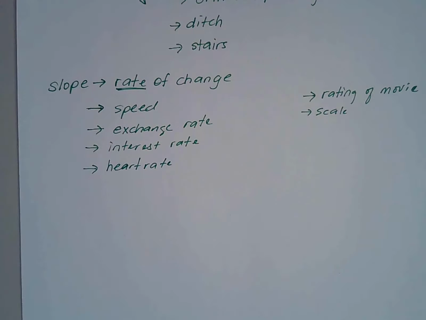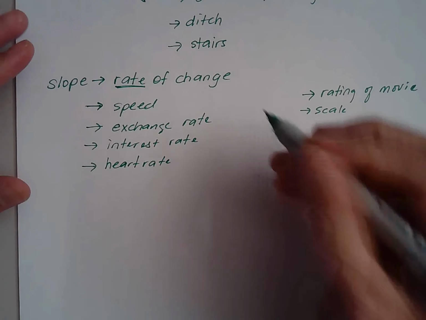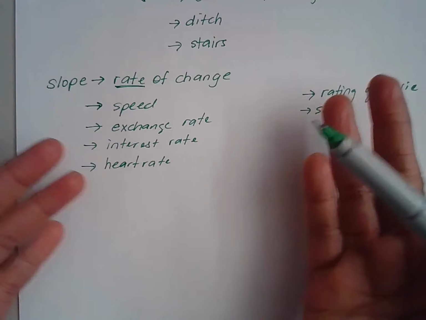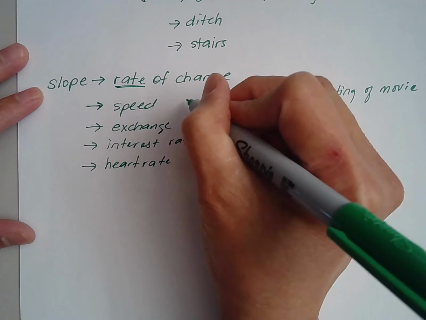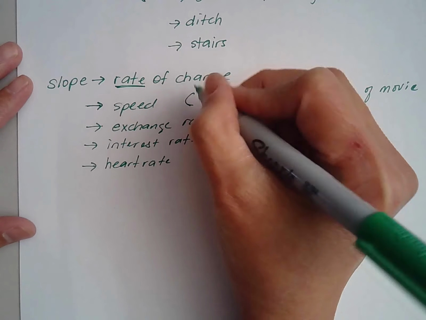Okay. So those are all rates, and when there's a change, it's a rate of change. It's a slope. Have you heard? Yeah, speed, right? Let's write down the speed. What's the speed measured in?